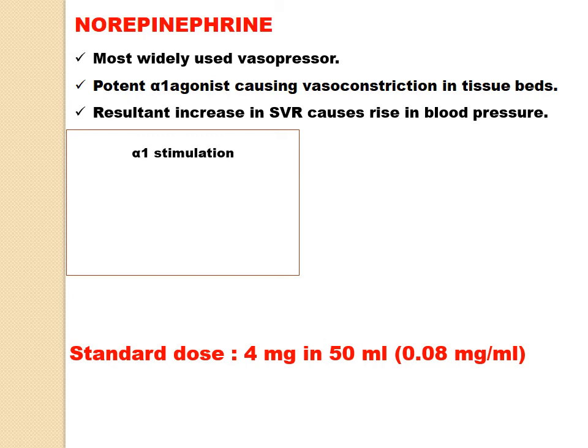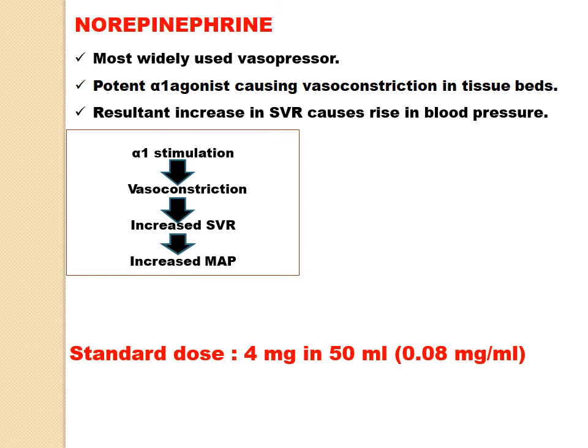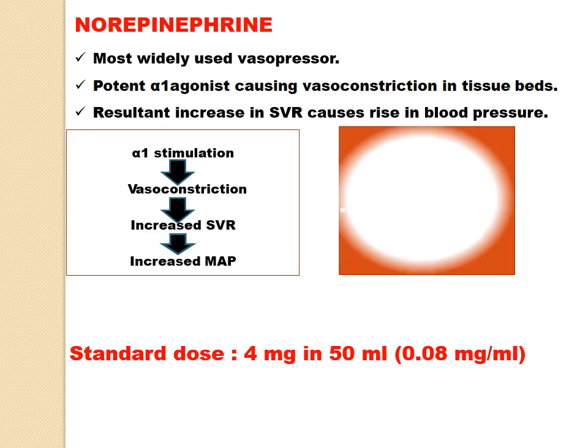So the action of norepinephrine, as summarized over here: alpha 1 stimulation is responsible for the vasoconstriction, and due to the vasoconstriction, increased systemic vascular resistance is there, due to which there is an increase in mean arterial pressure.